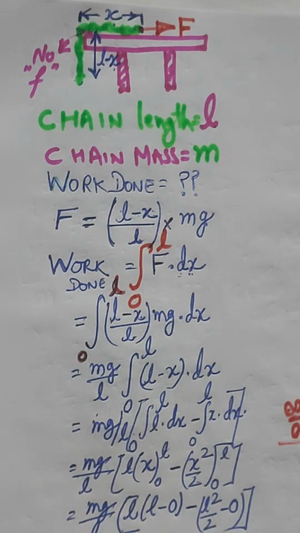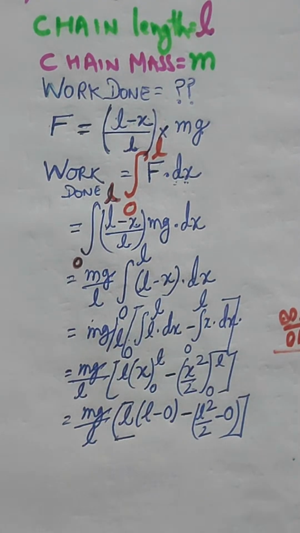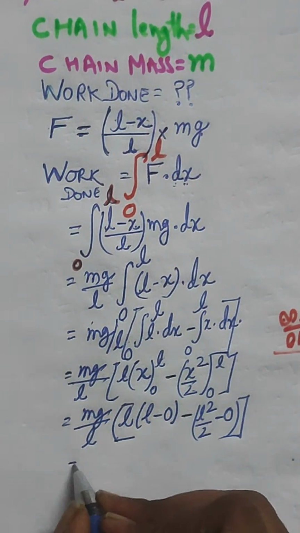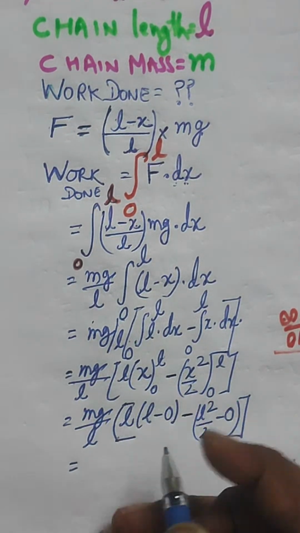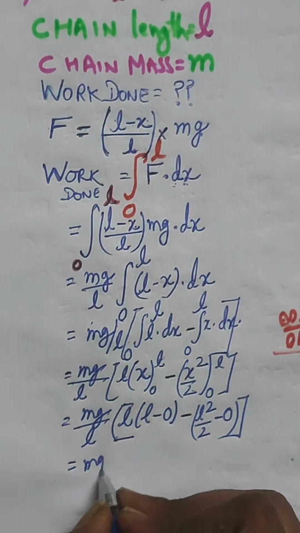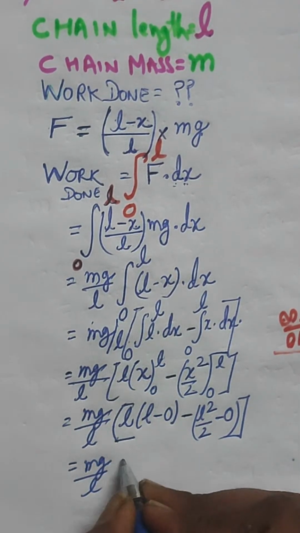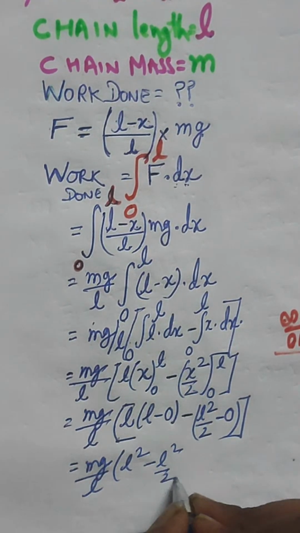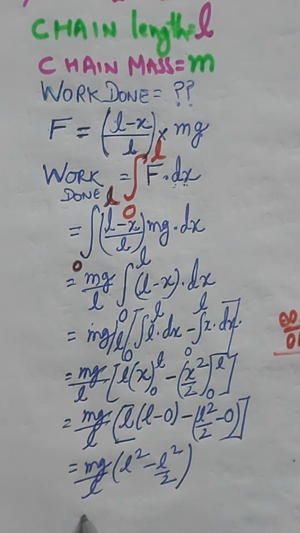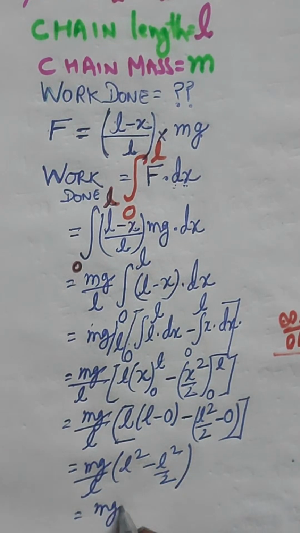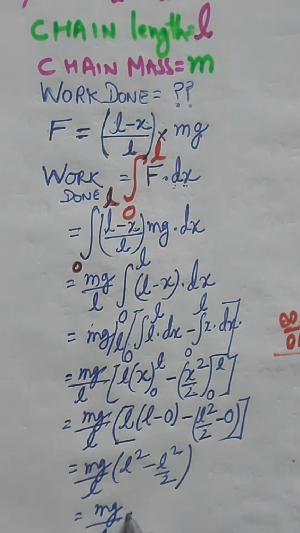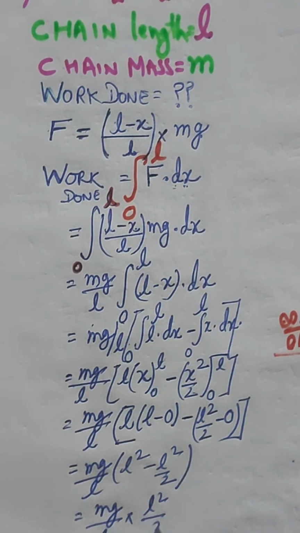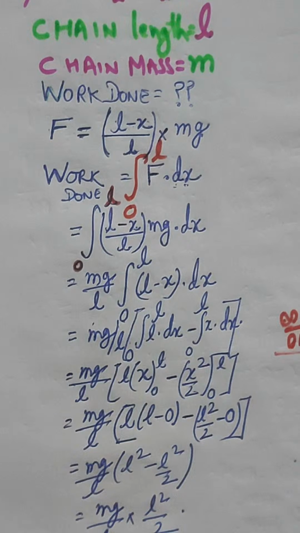So this will further give you the work done as mg by L, and in the bracket it's L square minus L square by 2, which gives mg by L into L square by 2.